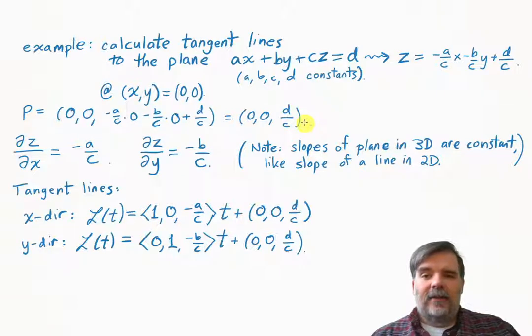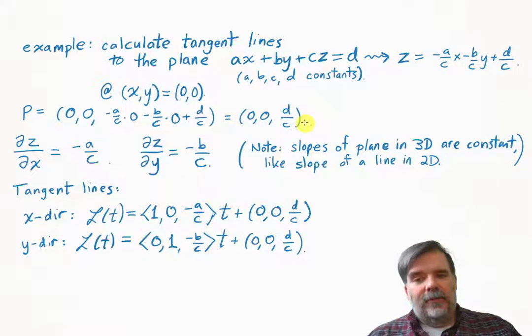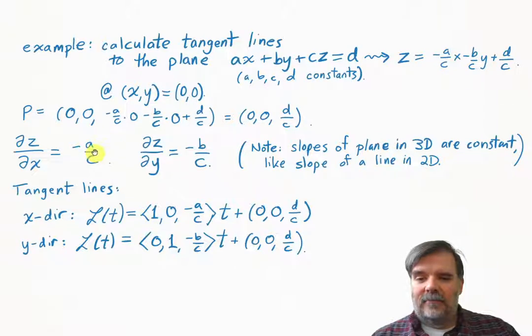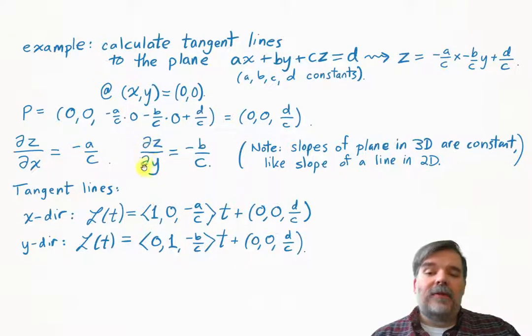Next, let's calculate the slopes. To get the slopes, we need the partial derivatives of this function with respect to x and with respect to y. The partial derivative of z with respect to x, we treat x as a variable and y as a constant, and so that partial derivative is actually just negative a over c. The partial derivative of z with respect to y, treat y as a variable and x as a constant, and so here's our variable, and everything else is a constant.